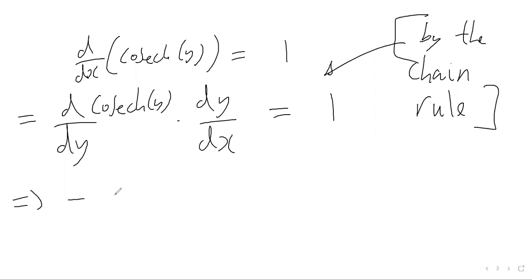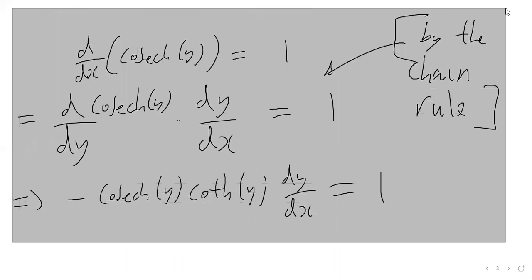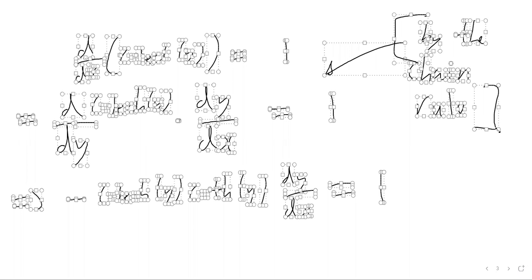So we're now going to get negative cosech y coth of y times dy by dx, and that's equal to 1. And of course, what we could do is just divide both sides by the negative cosech times the coth.